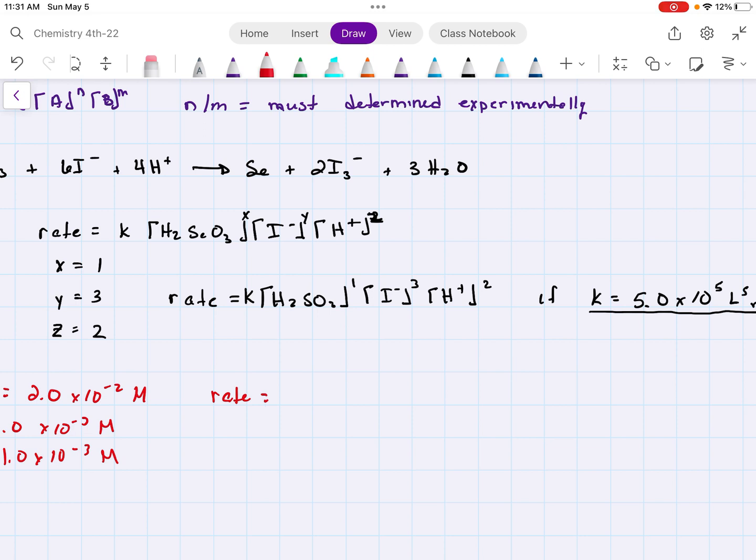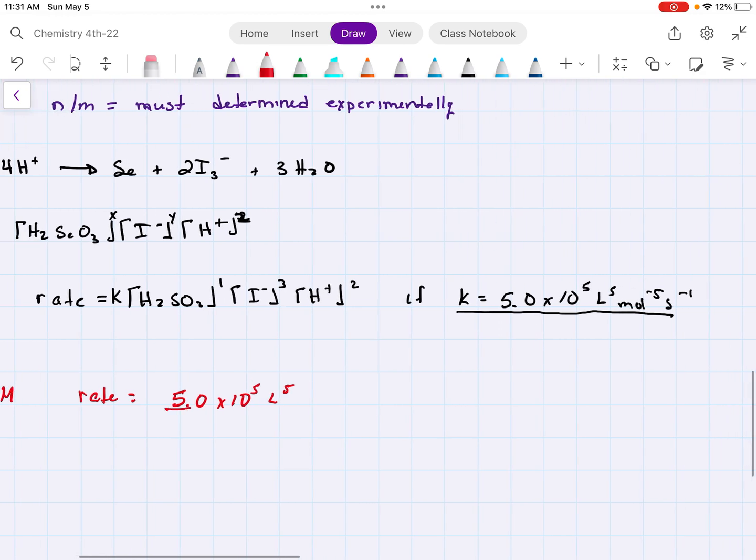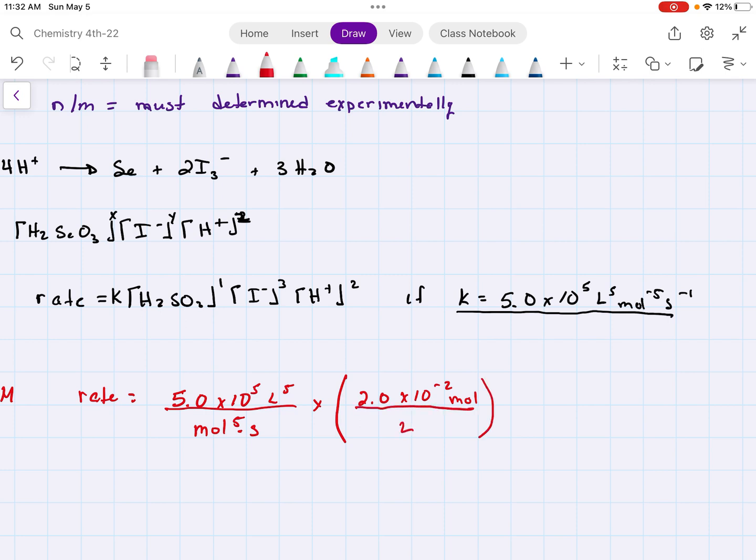The rate is going to be equal to 5.0 times 10 to the 5th liters to the 5 over moles to the 5th times seconds, okay? And then we're going to multiply that by 2.0 times 10 to the negative 2 moles over liters.